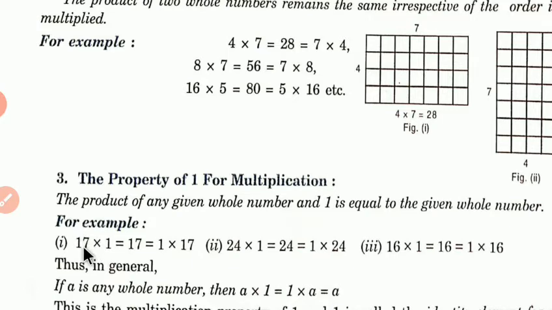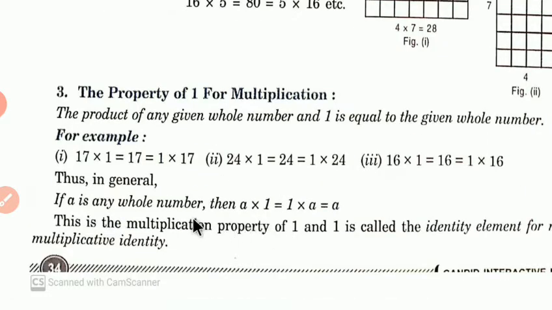We have taken the whole number 17, and if you multiply by 1, you get the answer 17 only. Here 24 into 1 is 24, which is equal to 1 into 24. Generally we can say that if A is a whole number, meaning any number, then A into 1 is equal to 1 into A, which is again equal to A. If you multiply 1 with any whole number, the answer is the whole number itself.